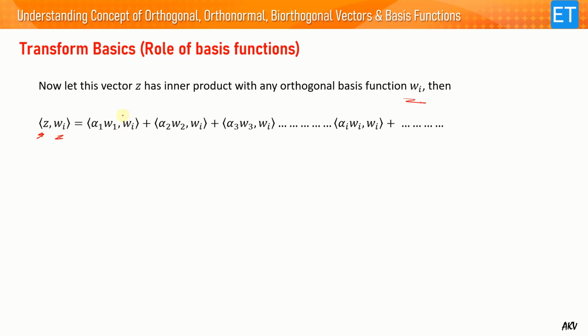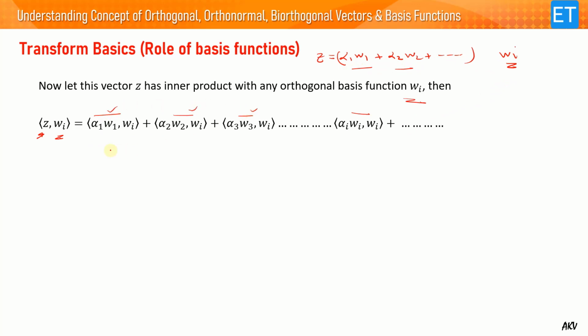So the inner product will be with each term. Just consider the previous equation where I have written Z equal to alpha 1 W1, then alpha 2 W2 like that. So this has an inner product with some member Wi, that is an orthogonal member. So obviously it will have an inner product with each element like this.